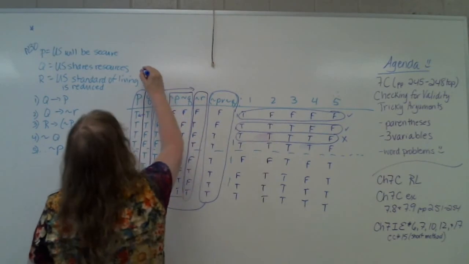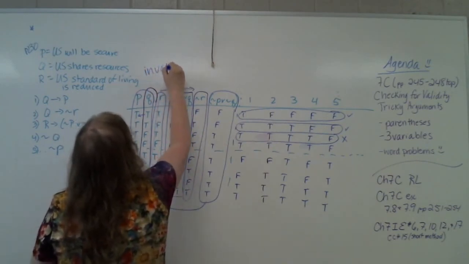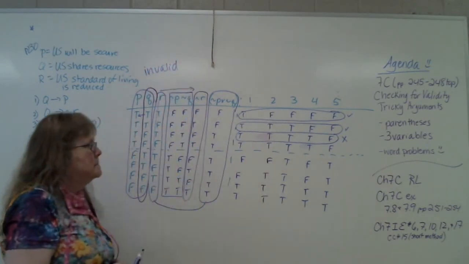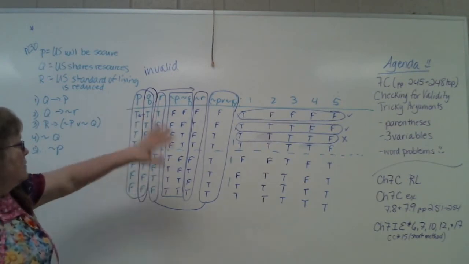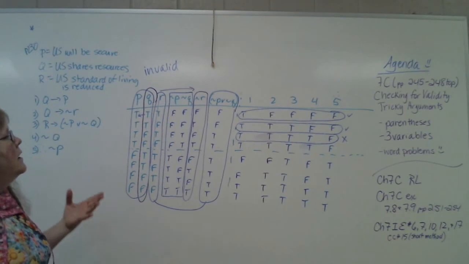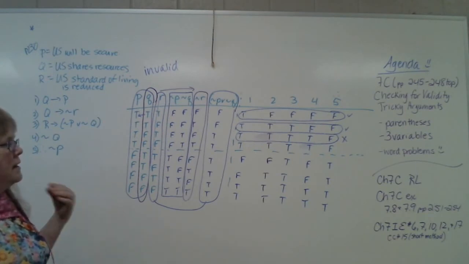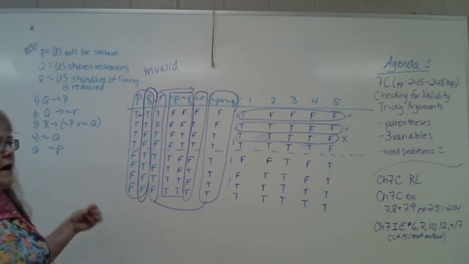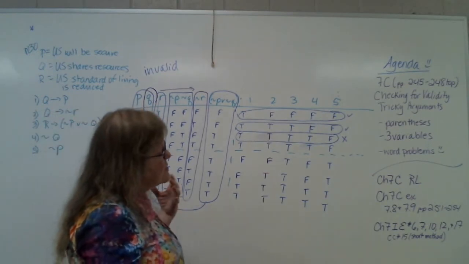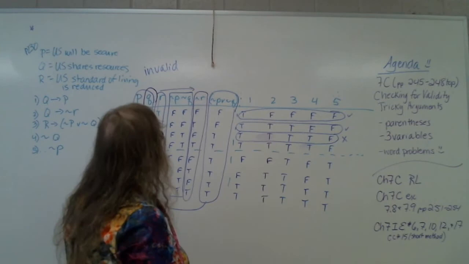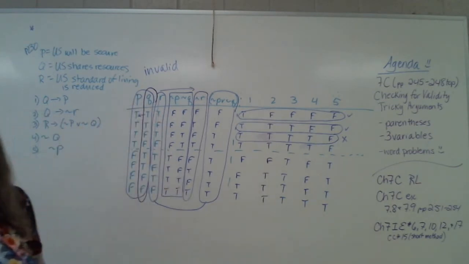So this is invalid. Okay? Now, you don't have to draw all the blah, blah, blah on there and all that, but you do need to check each of your rows that have a false conclusion and make sure it has at least 1 false premise or it's invalid. And so this one is invalid.